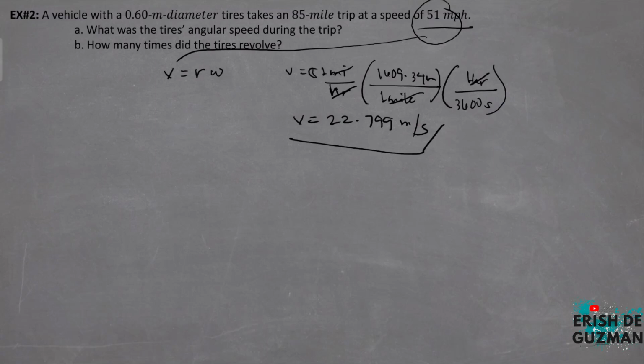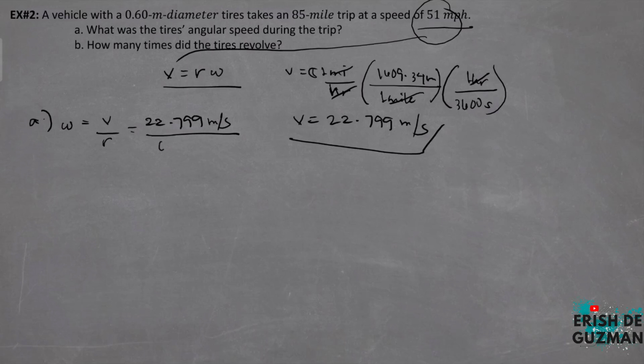Once na-calculate na natin yung angular speed, kaya na rin natin i-calculate yung number of times the tires turn from the rotational kinematic equation. Let's start with letter A. Ito lang ang gagamitin natin. Angular speed is equal to velocity over the radius, and substituting the values, we have 22.799 meters per second, the linear velocity, divided by the radius ng tire.